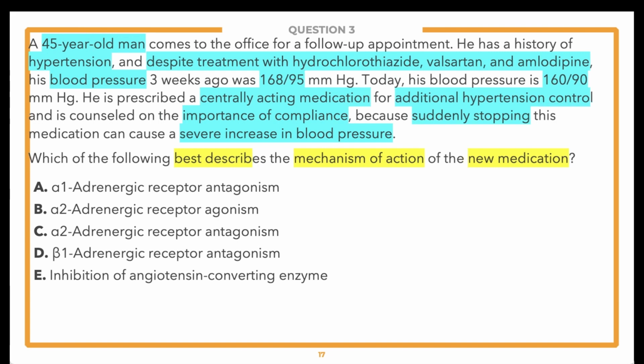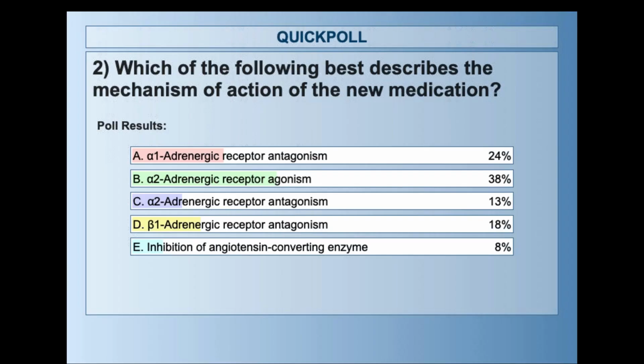So again, the crowd went with answer choice B, alpha-2 adrenergic receptor agonism, whereas the alpha-1 adrenergic receptor antagonism was the second place vote getter. So again, not total consistency here, but interesting to see the breakdown.